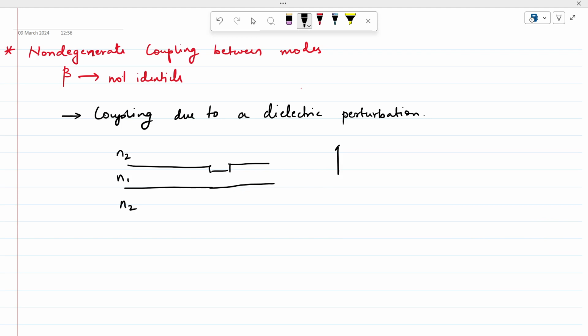So this is my x-axis, this is the z. The light was initially propagating only in the positive z direction. Now there will be backscattering also. This point here is z equal to minus a, and this is z equal to plus a. So there is a total perturbation length of 2a. Say this height is h, and this height is h over 10.